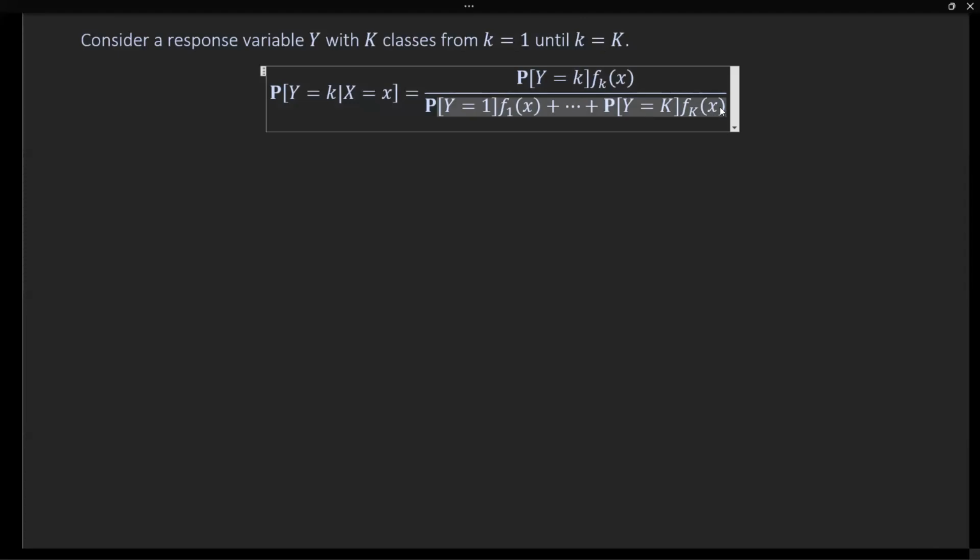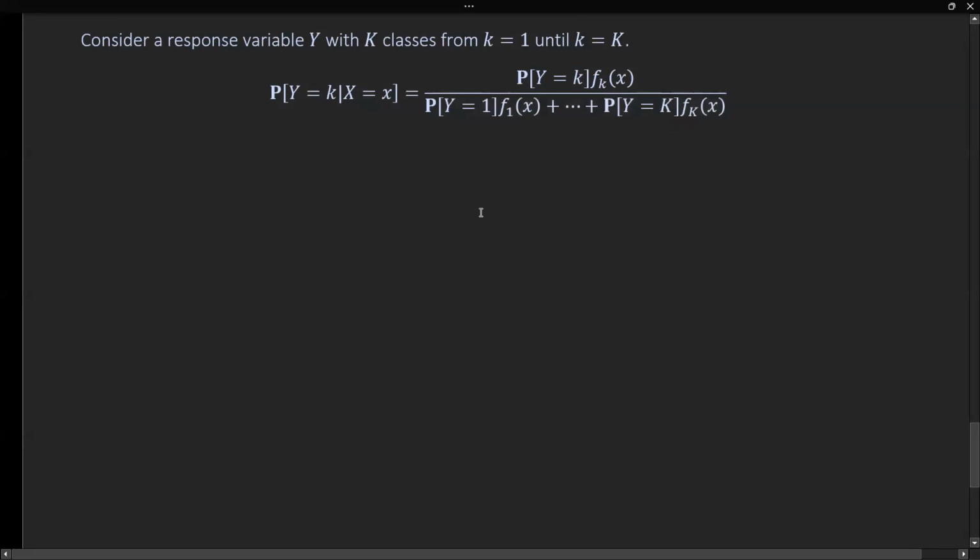Now what's Bayes' theorem telling us? Bayes' theorem says the following. If you want to know the probability that y is equal to k given X, which, by the way, is what we need from the model.